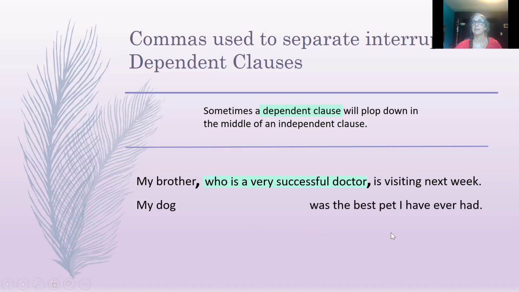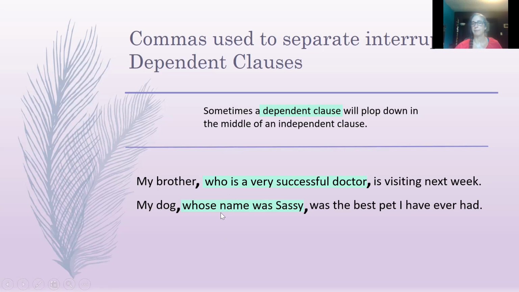Let's look at another one. Let's take the appositive "Sassy" and turn it into an adjective clause. My dog, whose name was Sassy, was the best pet I have ever had. And again, we need those commas separating our dependent clause from our independent clause. I'd like you to notice that these dependent clauses come right after the noun that they are describing.